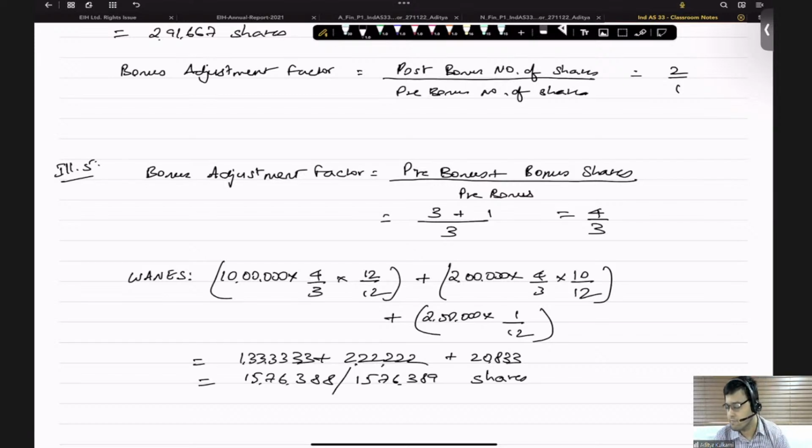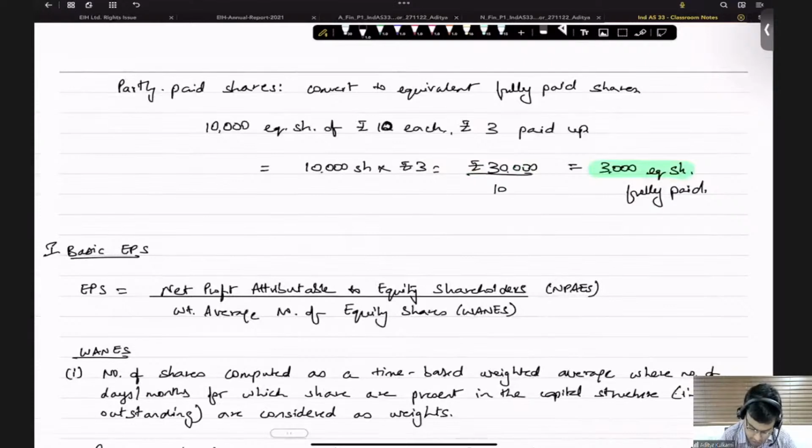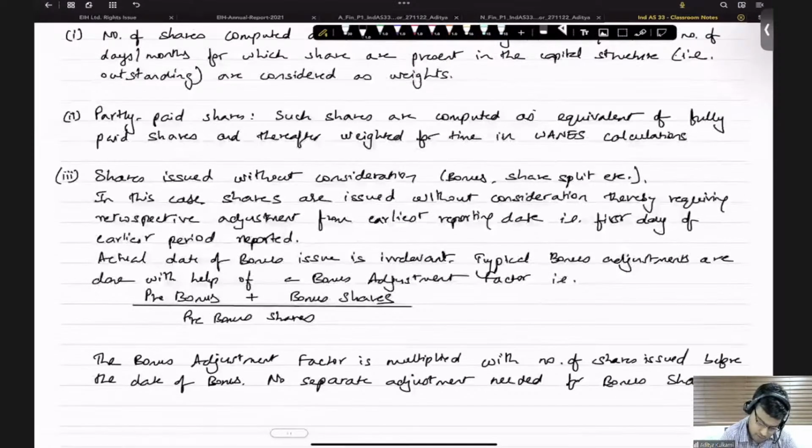Yes. Of course, in the prior period also the same bonus adjustment factor will be used. Absolutely right, because that is the proportion of bonus, no? Thereby, as shares are issued without consideration, it requires retrospective adjustment from the reporting date.